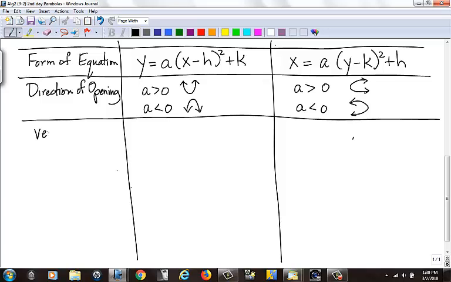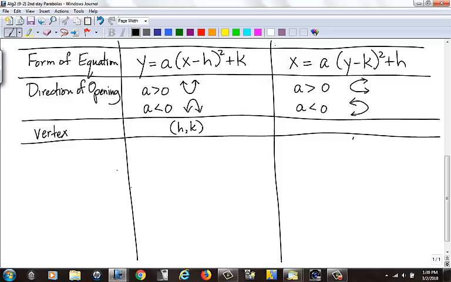Then in this form, the vertex. In both of these, the vertex is (h, k). But you have to look carefully in the equation for this one. This has to be a minus sign in this equation, and then you read your h. So if that happened to be plus 7, then my h would be negative 7.